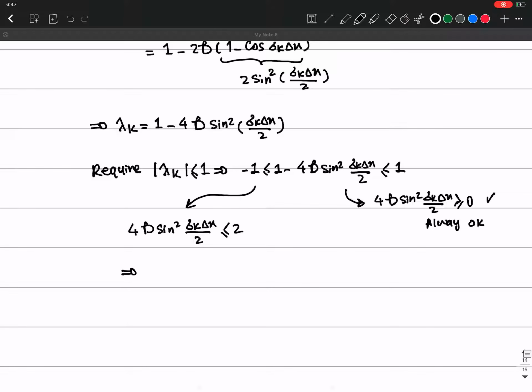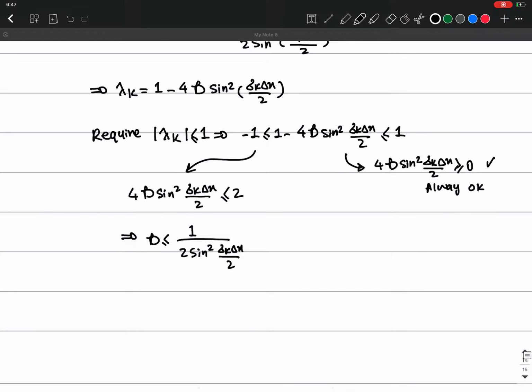And this means that the dimensionless d should be smaller or equal to 1 over 2 sine squared (sigma_k delta x over 2). And the most restrictive case is when sine squared (sigma_k delta x over 2) equals 1.